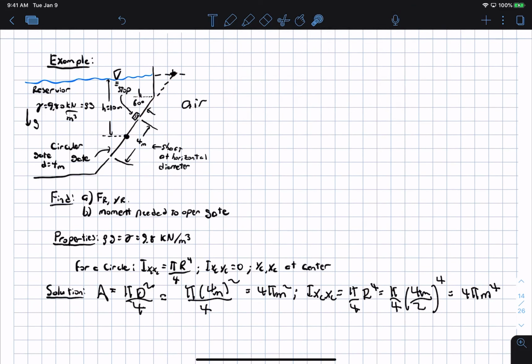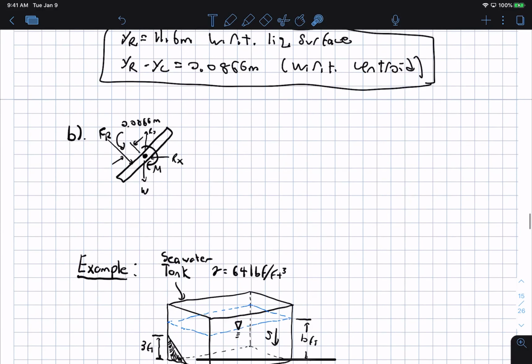Okay, and so we're going to take the moment, we're going to turn the shaft, and we want to know how much of a moment it's going to take to open the gate. And so we are turning the shaft, and so we need to compute the moment about the shaft of the gate. Okay, so we have the resultant force, and we have the moment. And we don't know what the weight of the gate is, and we were not asked to find the reaction forces.